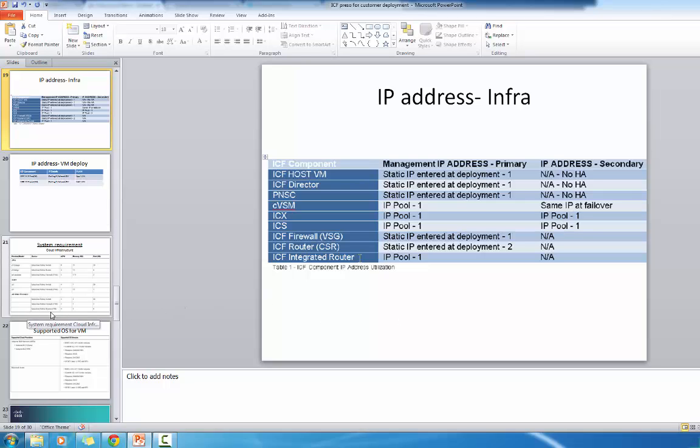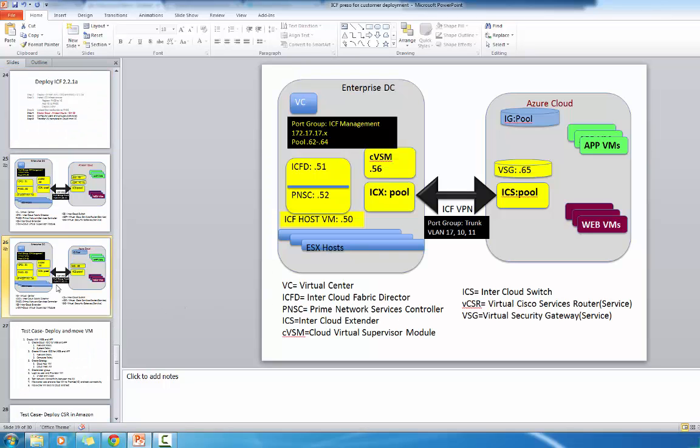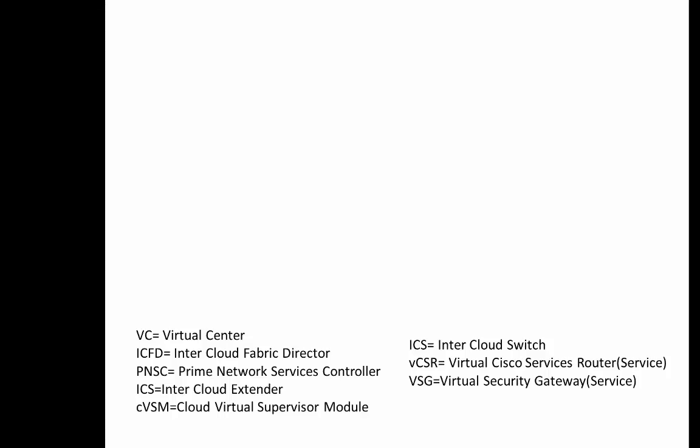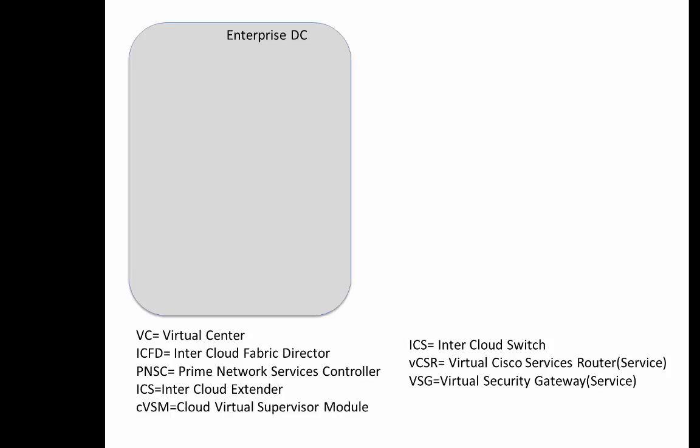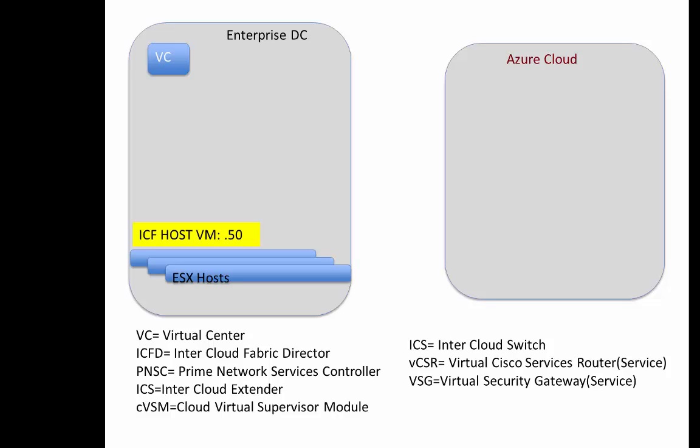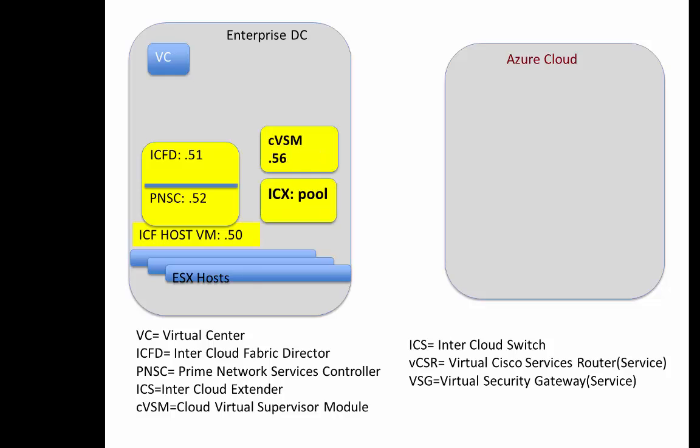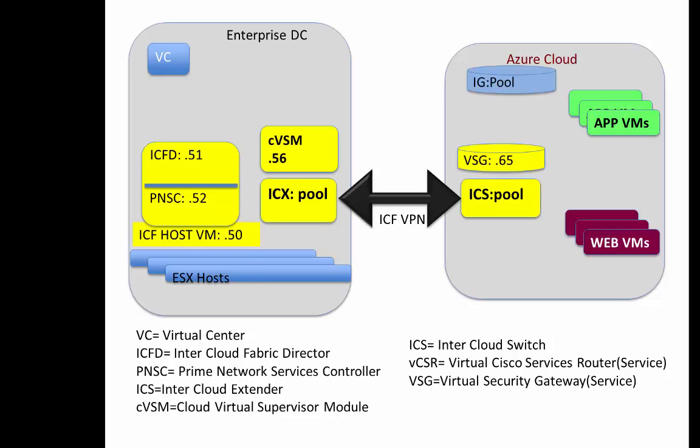Okay, now let's go back to the diagram that shows the setup. Enterprise data center, your vCenter, ESX host, these are all the same for both: ICFD, PNSC, CVSM, and ICX pool, ICS. Now here it's different. IG, Integrated Gateway, is a part of Azure.